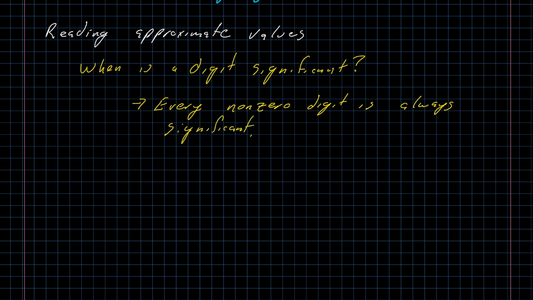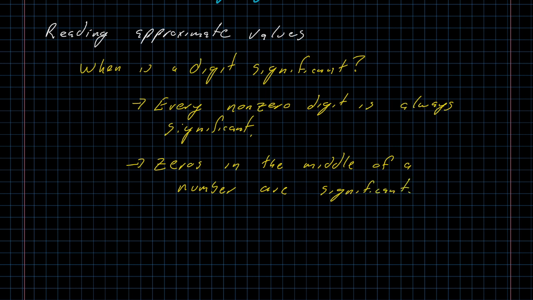The easiest part of this rule is that every non-zero digit is always significant. Zeros are a little bit trickier. Zeros in the middle of a number are significant.